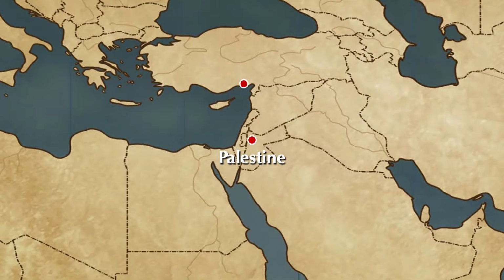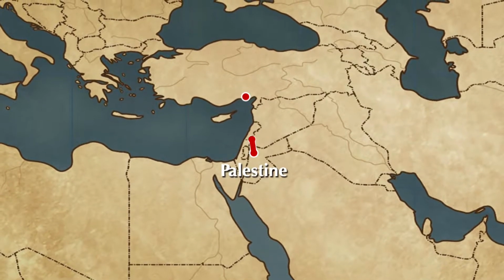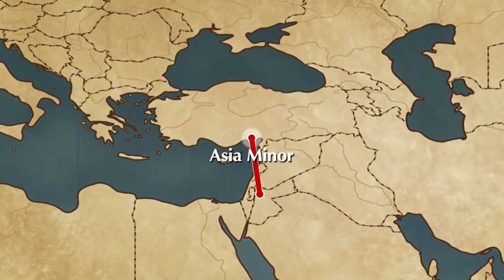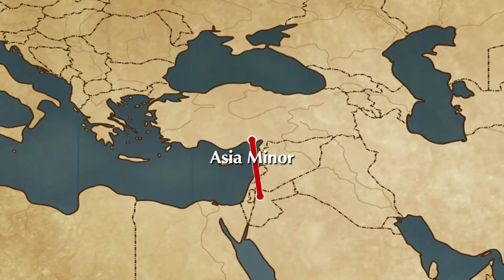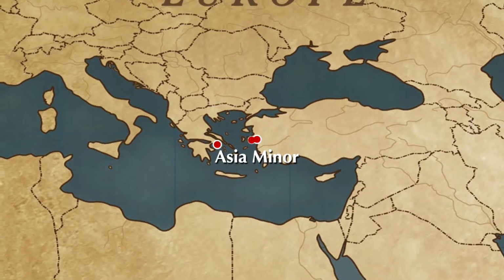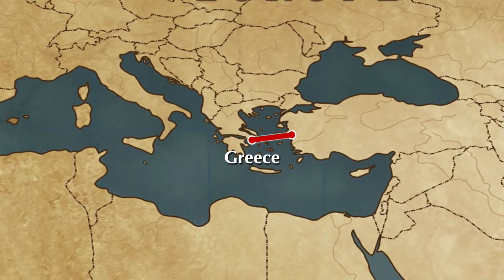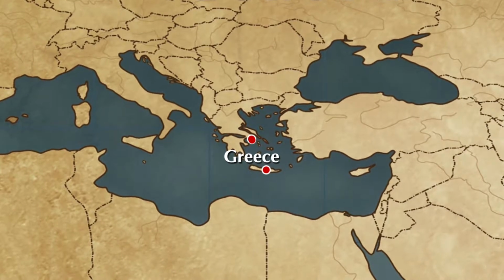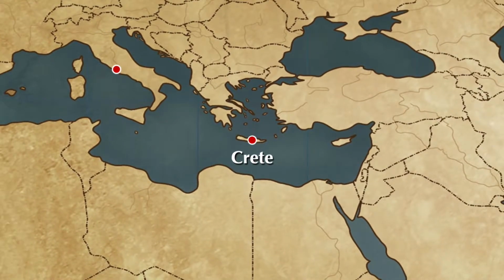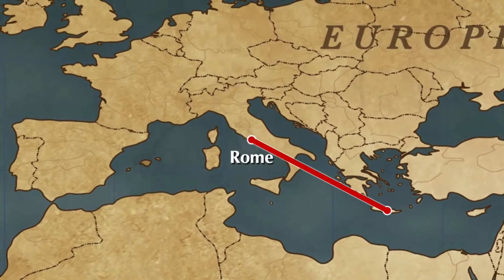We know that John, Galatians, Ephesians, Colossians, 1st and 2nd Timothy, Philemon, 1st and 2nd Peter, 1st, 2nd, and 3rd John, Jude, and Revelation came from Asia Minor. 1st and 2nd Corinthians, Philippians, 1st and 2nd Thessalonians, and Luke maybe came from Greece. The book Titus came from Crete. And the books Mark, Acts, and Romans came from Rome, the Roman area.